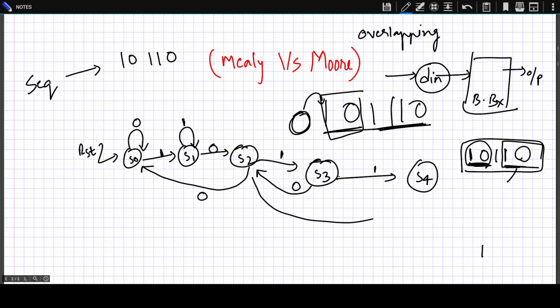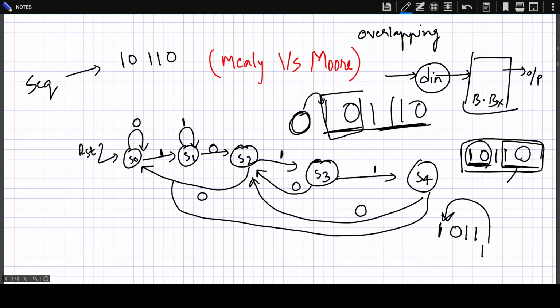So we go to s2 if we get a 0. If we get a 1, what does it mean? 1 0 1 1 1. It means you have detected the starting one. So if you get a 1, go back to s1, where the first one of the sequence was matched. This makes sense.